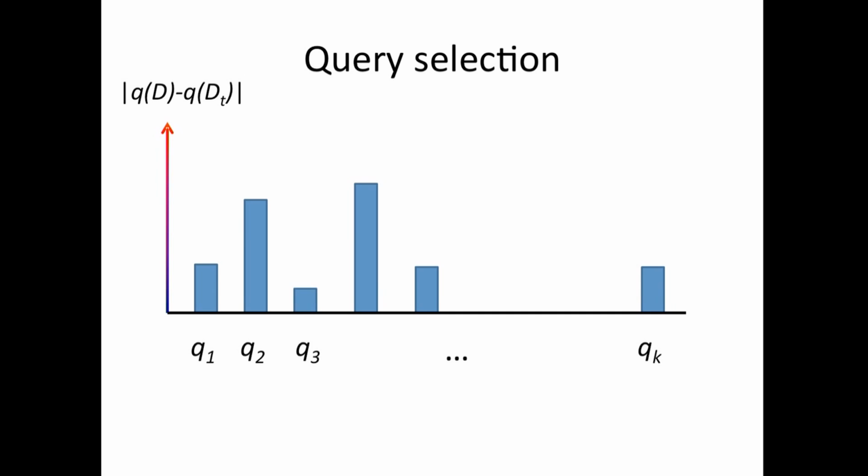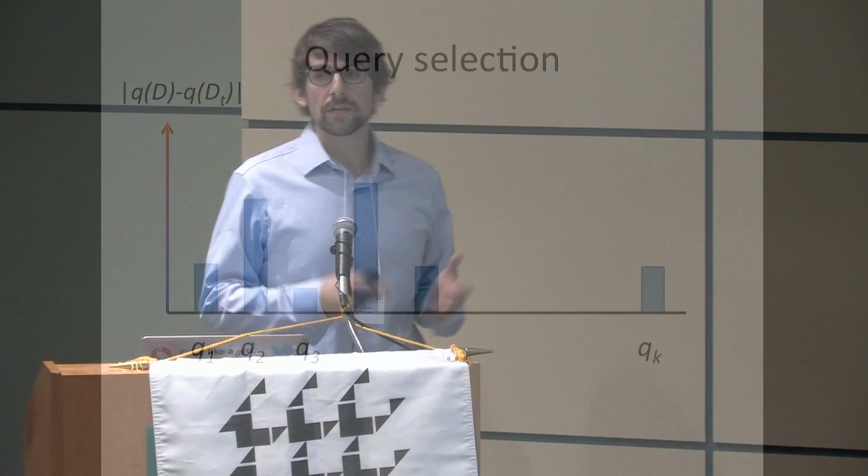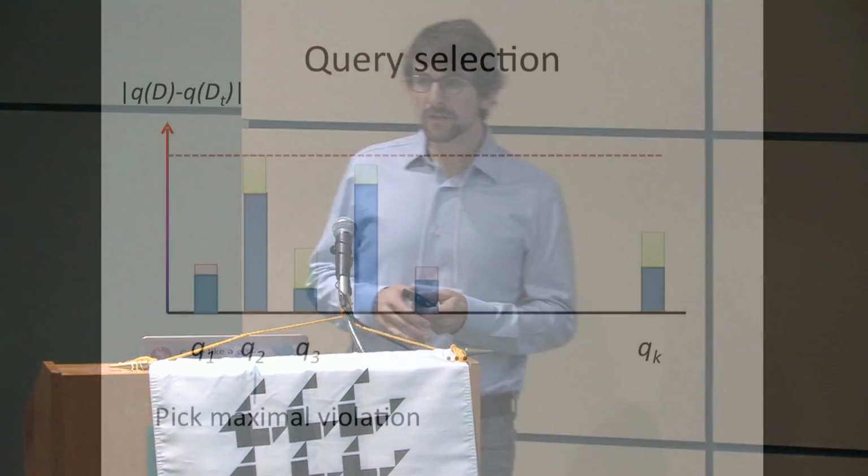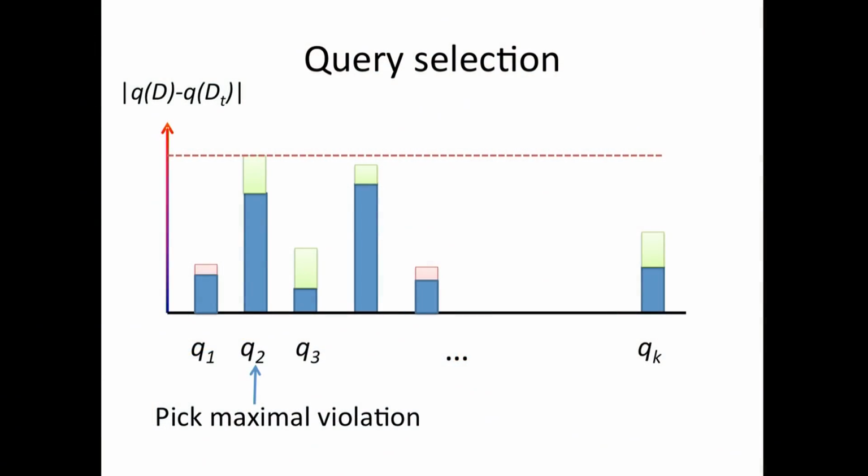Now you add Laplacian noise to all of these numbers, and after you add the noise, you take the maximum. Keep in mind, we want to select a query which has as large a violation as possible. But we can't just select it because it depends on the true data set. So what we do instead is first add noise and then select the maximum.